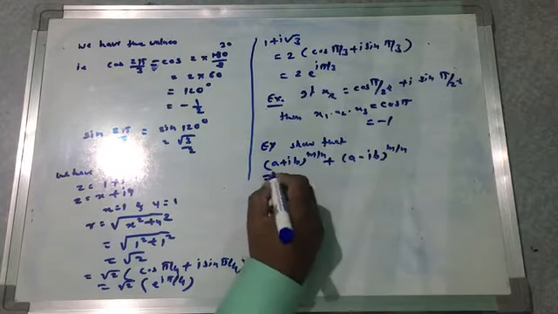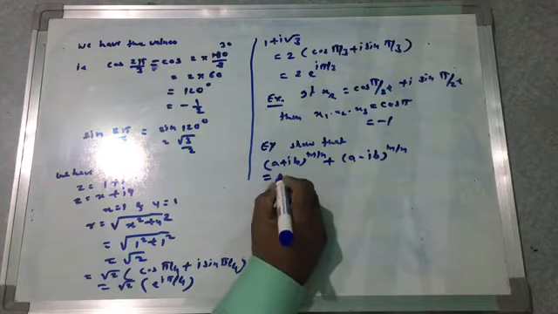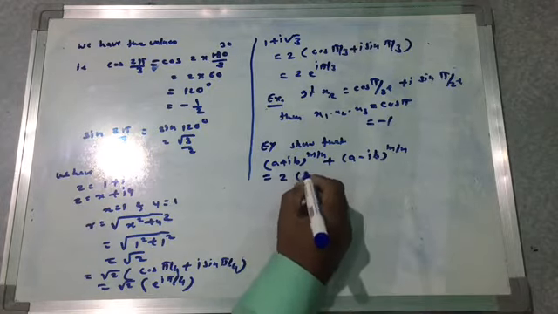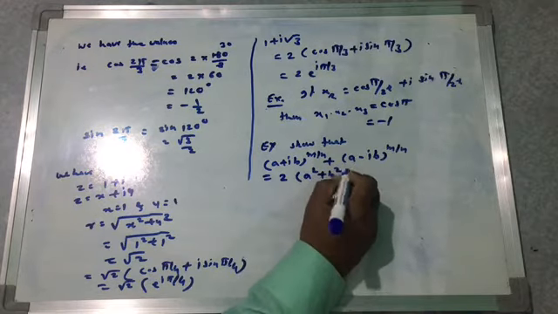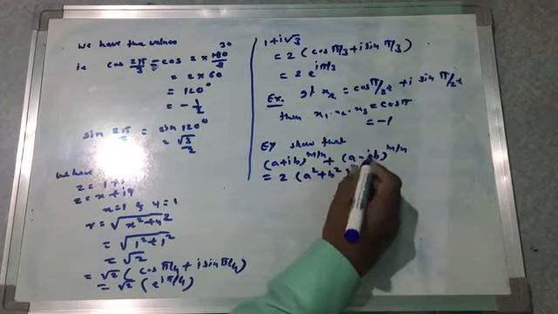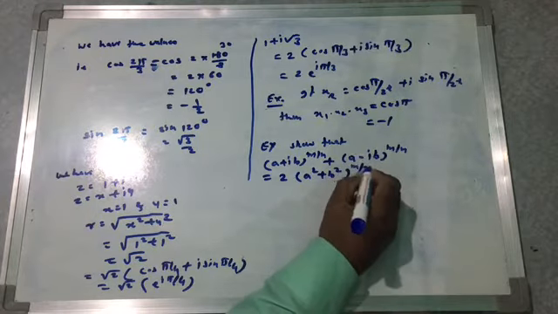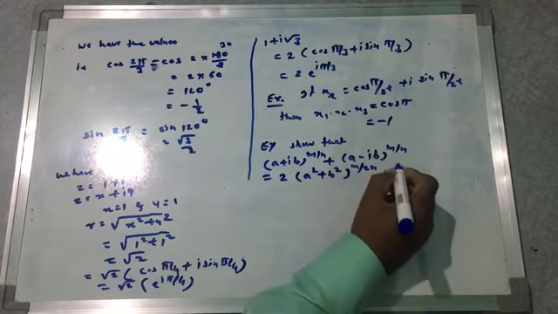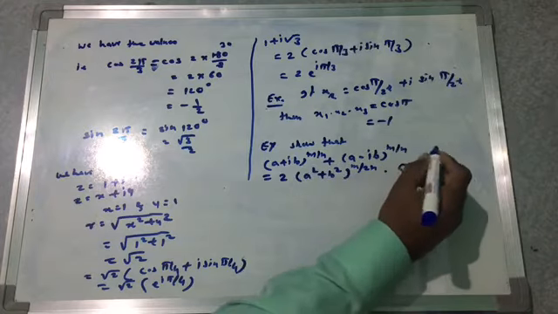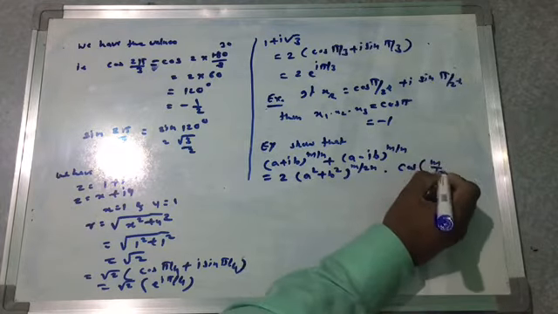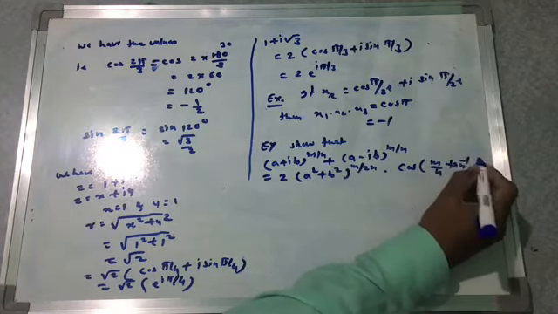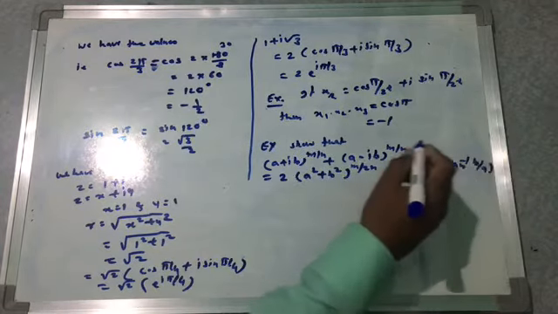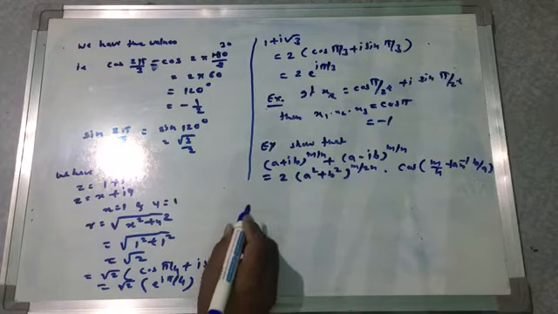This result has been written as 2 into (a square plus b square) raised to m upon 2n into cos of m by n into tan inverse b by a. So this is the result we have.